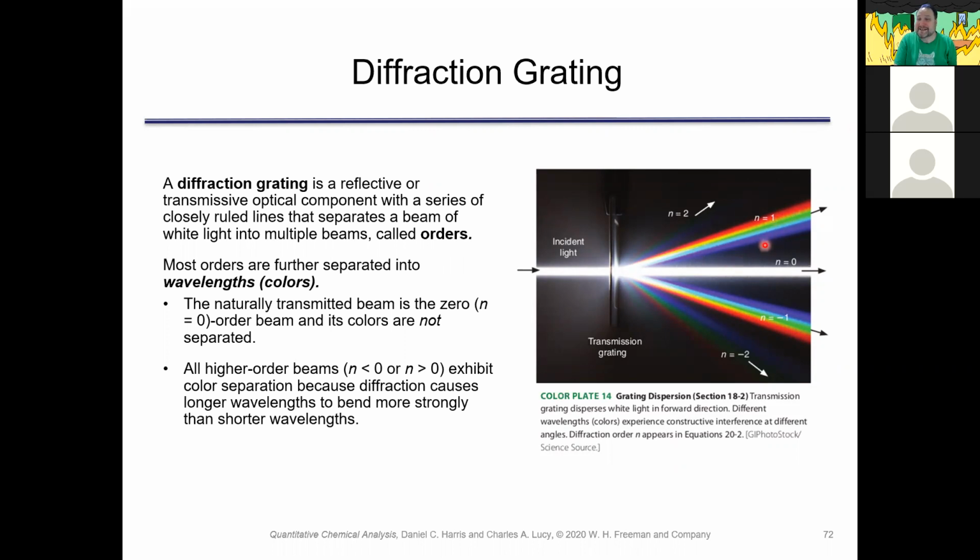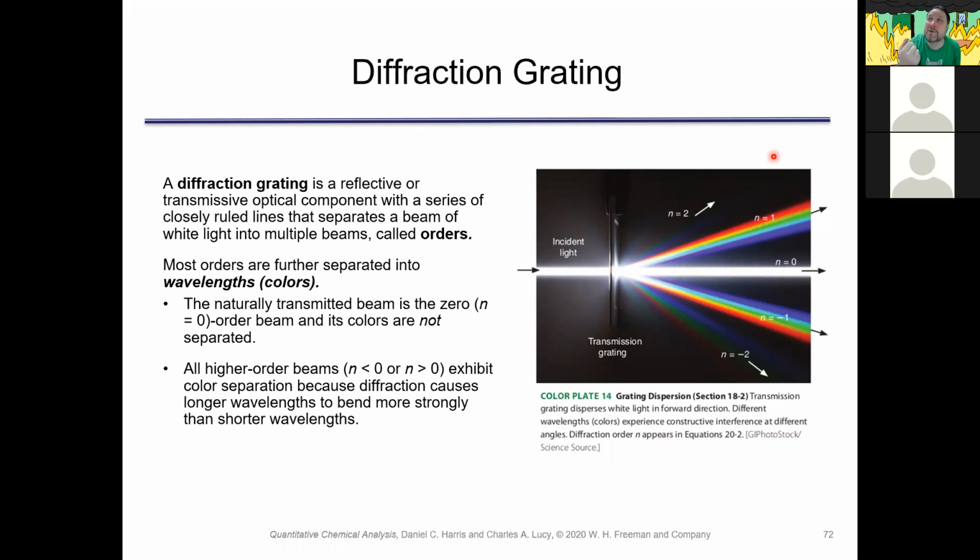So you end up with a rainbow. If you look at this, this is our first order, coming off in order number 1. And then you've got an order n-1 going this way. Then you've got a second order diffraction coming off of this, in which the colors are going to be reversed. So your second order diffraction is going to have opposite colors.